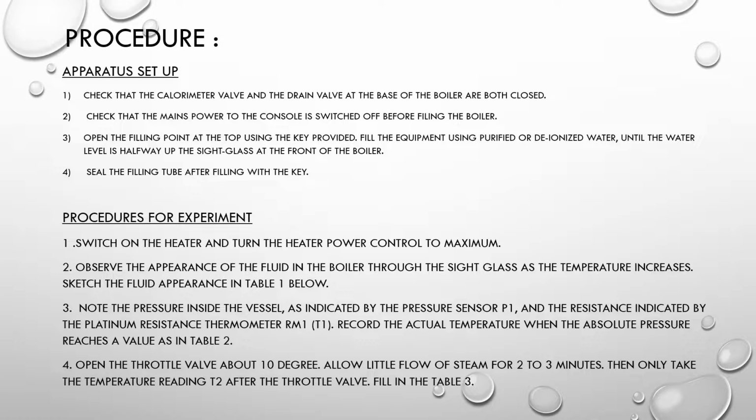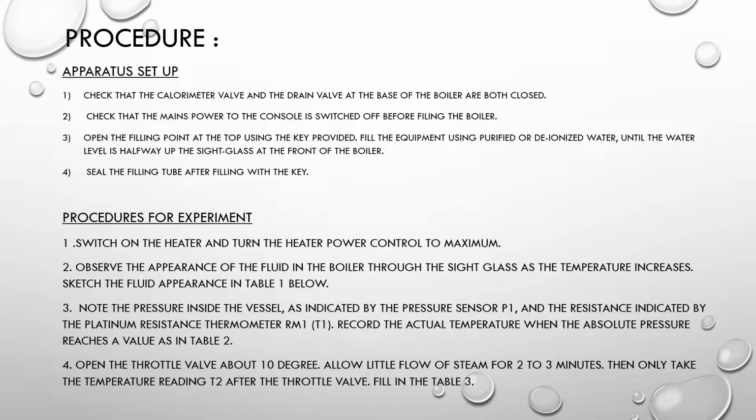For the procedure for the experiment, switch on the heater and set the water heater control to maximum. Observe the appearance of the fluid in the boiler through the side glass. As the temperature increases, sketch the fluid appearance in table 1 below.